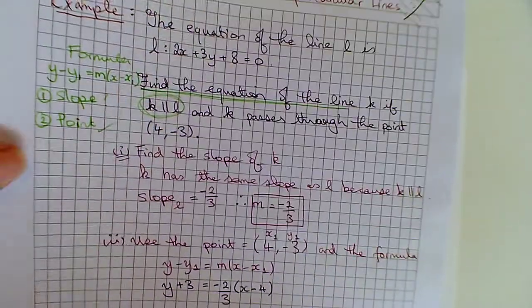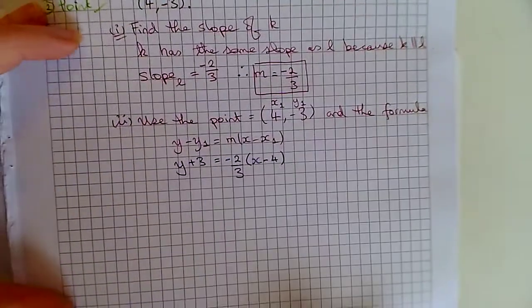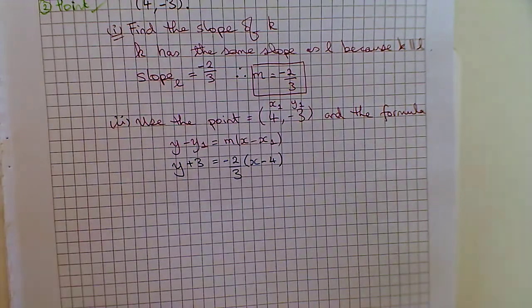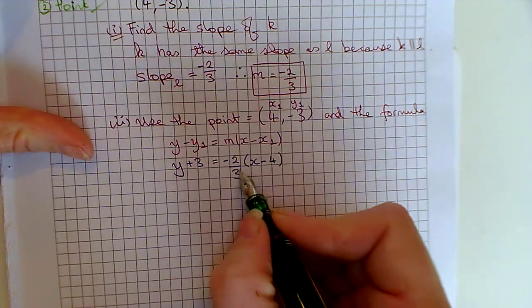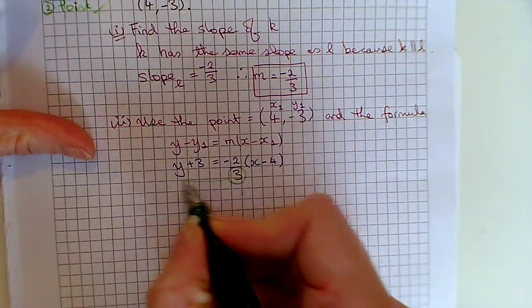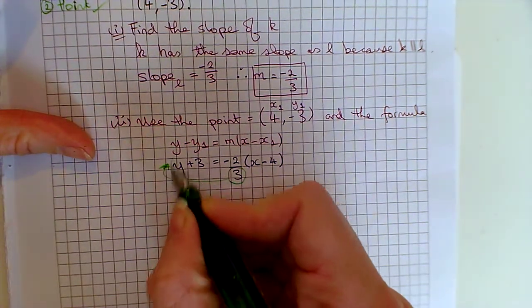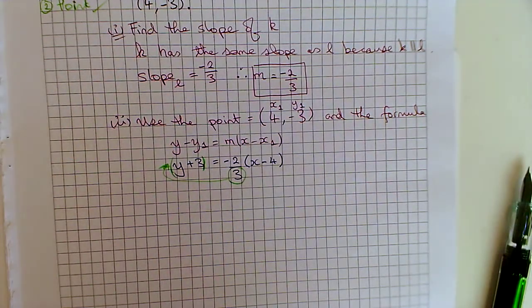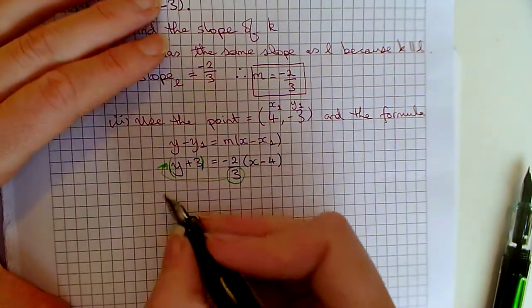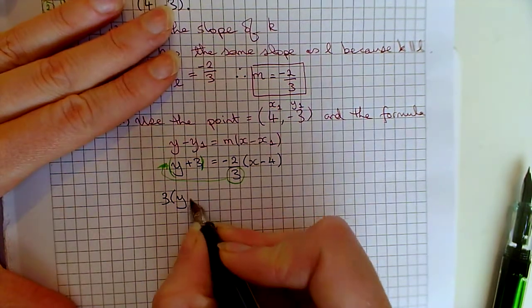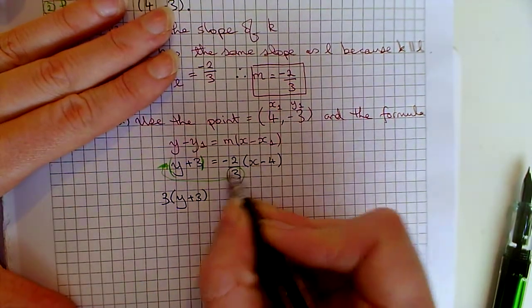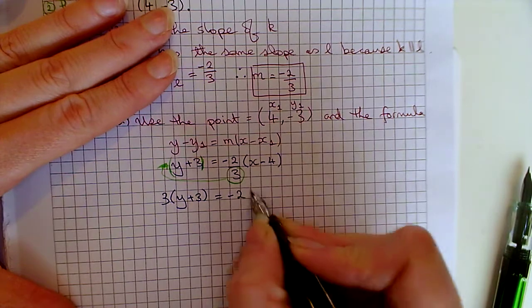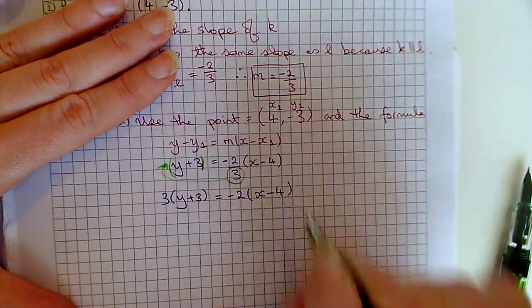So from here, it's just like the kinds of questions that we've done before. We're going to multiply by my common denominator to get rid of the fraction. I'm going to multiply by 3, or the shortcut that we learned is that we multiply the y side by the bottom number and the x side by the top number. This is a handy shortcut and it stops us making mistakes, but if you prefer to think of it, you're multiplying both sides by 3 to get rid of the fraction. That's what you're actually doing.